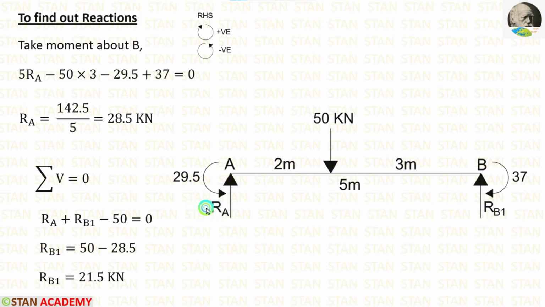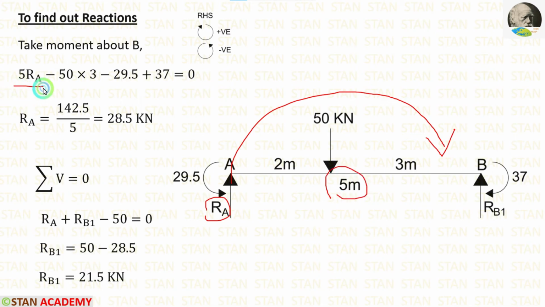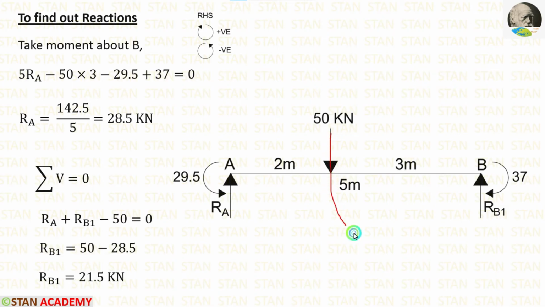The vertical reaction RA is acting towards the point B in the clockwise direction, so it will be positive and the distance is 5. So 5 RA. The point load 50 kN is acting towards the point B in the anticlockwise direction, so it will be negative and the distance is 3 meter.